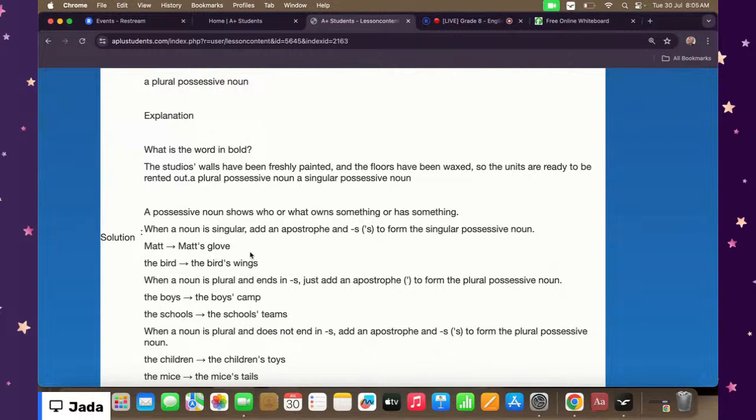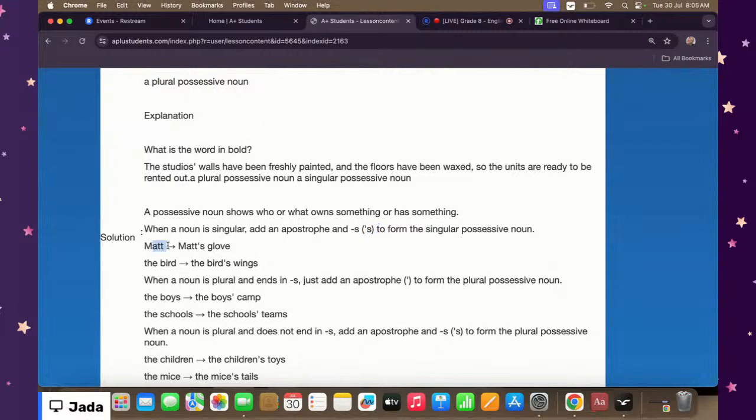When we talk about singular, we refer to when the noun is talking about one person. So if the noun talks about one person, you add an apostrophe and then S. This is the apostrophe, this is the S. You add the apostrophe and then you add the S to form the singular possessive noun. That's how you form singular possessive.